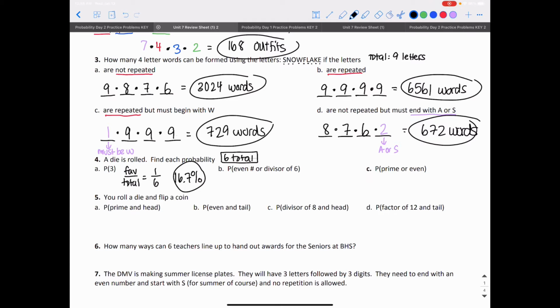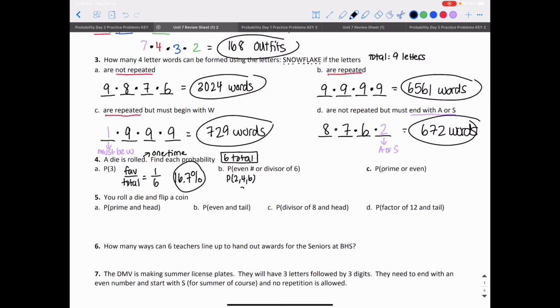For the probability of even or a divisor of 6, and this is if I'm just rolling the die one time. So the probability of an even number: my options are 2, 4, and 6.